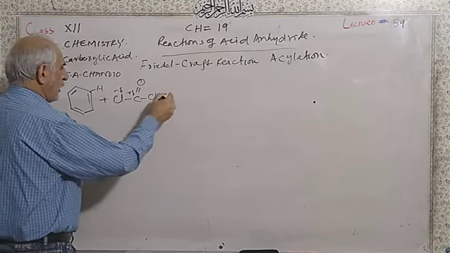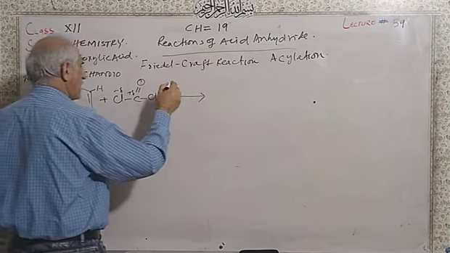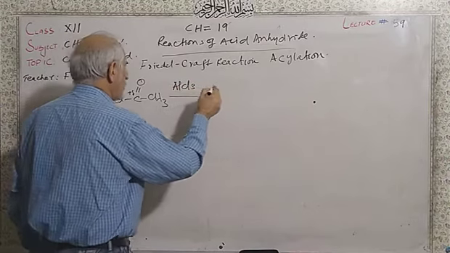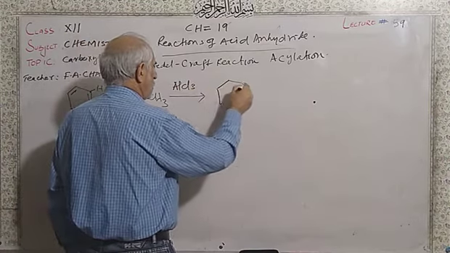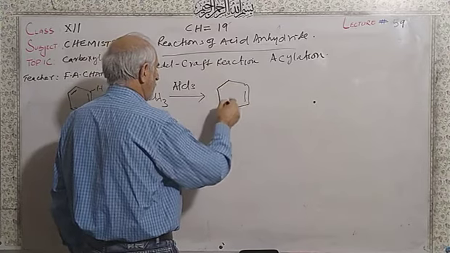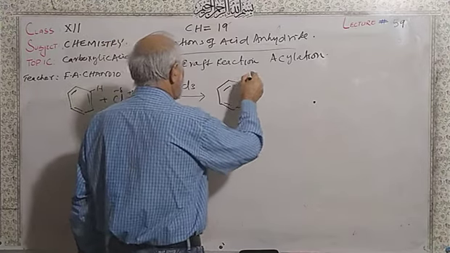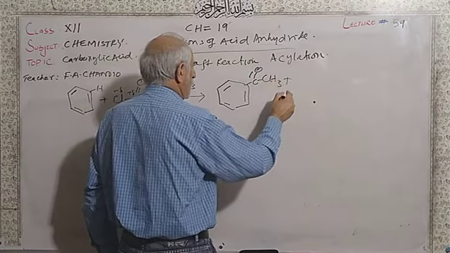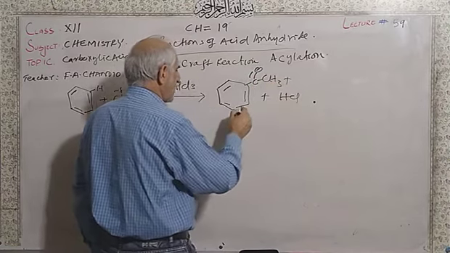This is the acid chloride, in presence of aluminum chloride as a catalyst. You will get this substituted product, and you will get acetophenone.